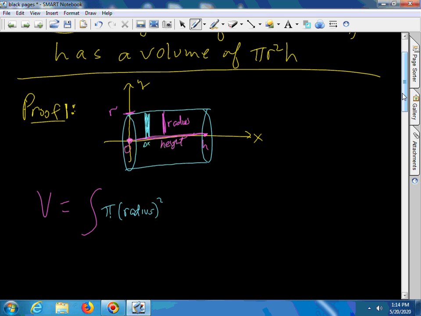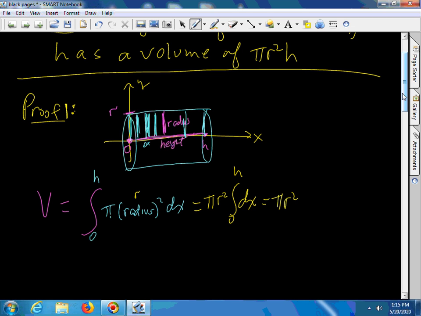the radius squared dx, and x is going between 0 and h, because these slabs start at a little bit more than 0. Eventually, it goes up to h. The x goes between 0 and h, and pi is pi, but the radius in our case is just r. So it's r squared dx from 0 to h.